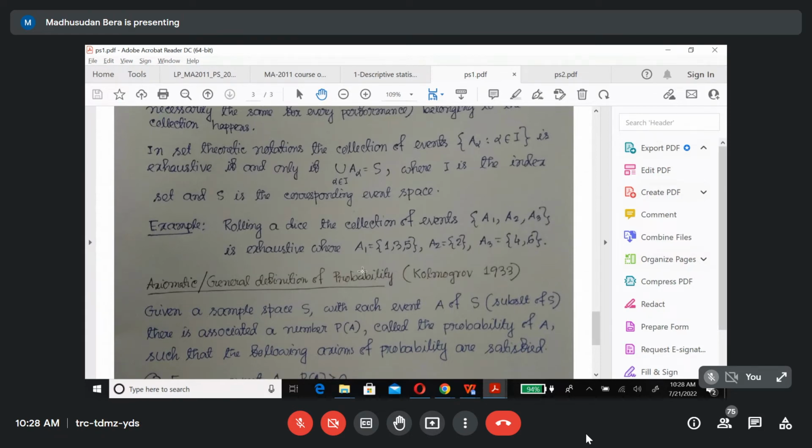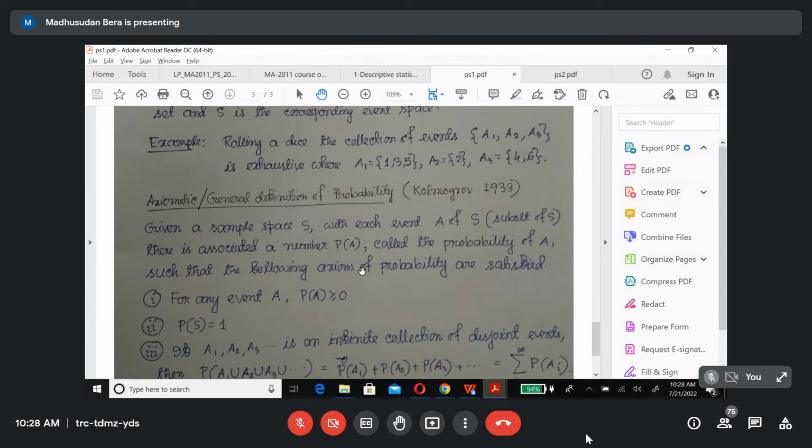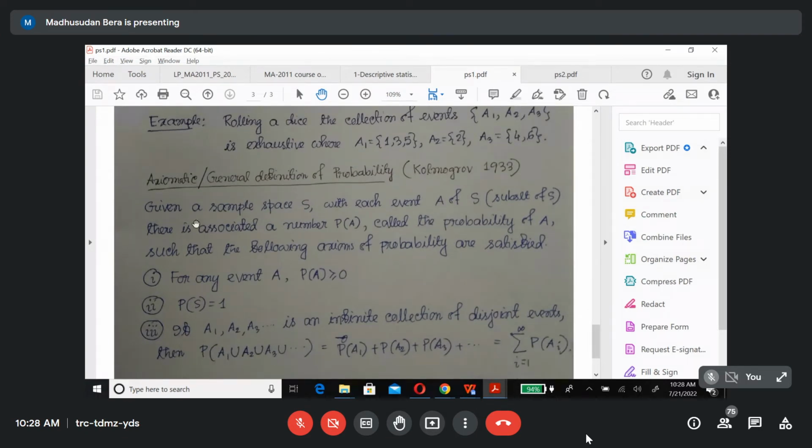So what is that? For that there are three conditions. Given a sample space S, with each event A of S, where an event means a subset of S, there is an associated number P of A. So the probability of the event A is basically a number that satisfies some properties.